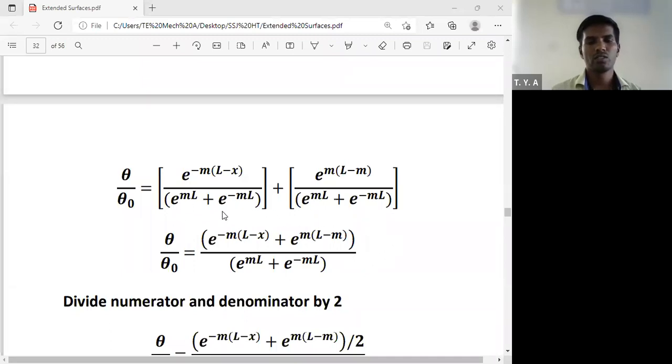Okay, so the denominator is common, therefore write down the equation: theta upon theta 0 is equal to e raised to minus m into bracket L minus x plus e raised to m into bracket L minus x divided by e raised to ml plus e raised to minus ml.